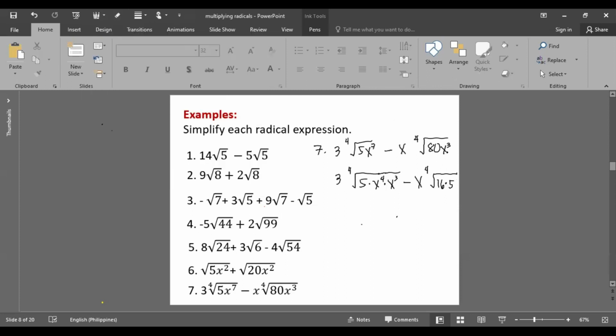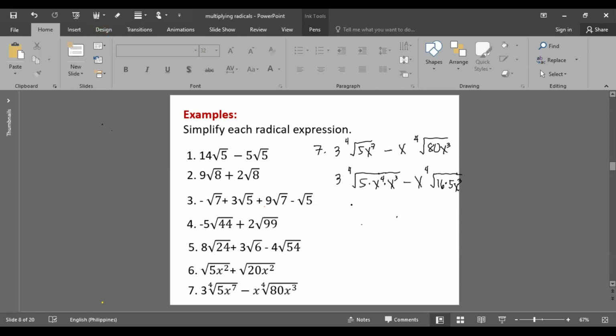Next, x raised to 3. Can we still simplify this? Not anymore. Kasi once na mas mababa na yung exponent ng radical sa index, okay na yun. Ibig sabihin, nasa simplest form na siya. So, x raised to 3.